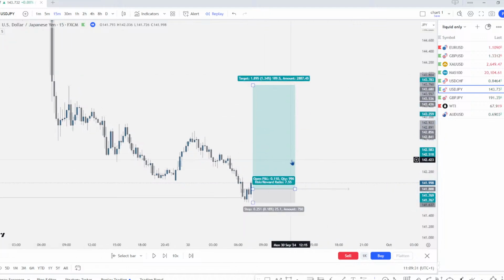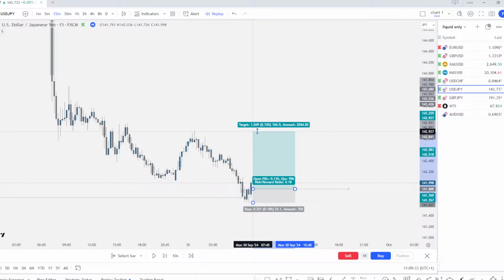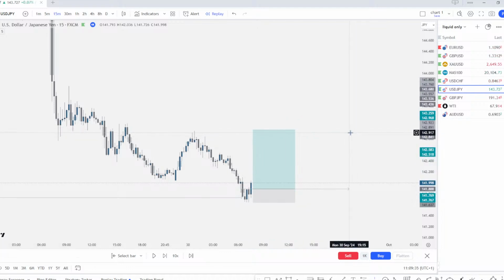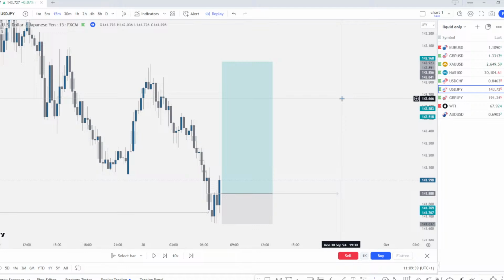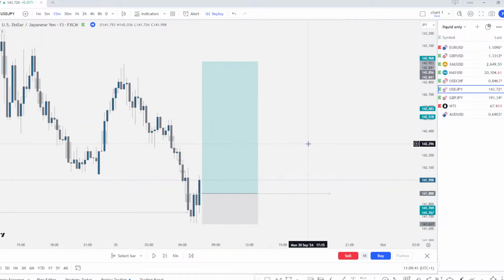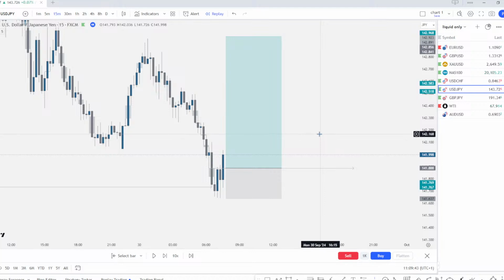Now, as I stated earlier, this is a completely counter directional bias trade, so you wouldn't necessarily be looking at this, but just go along with what I'm showing you here, because I'm not trying to say this is a valid trade you could have taken. I'm showing you the principles.